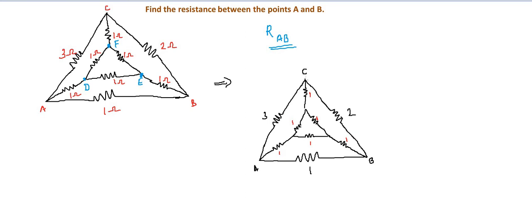Here, since we have a delta network, the terminals DEF constitute a delta network. Our first aim is to convert this delta network into a star network. So if we draw a star network inside this, we have to convert in between these points into a star network here.